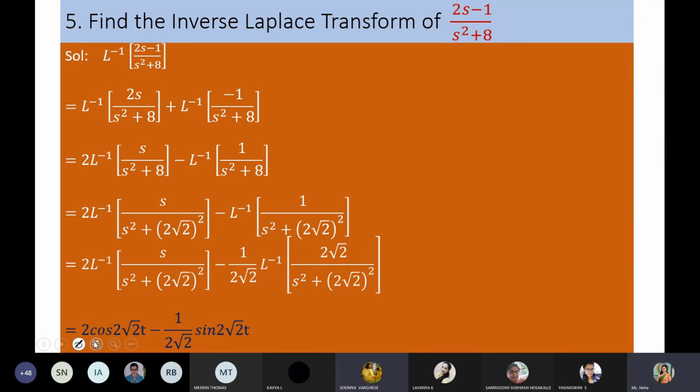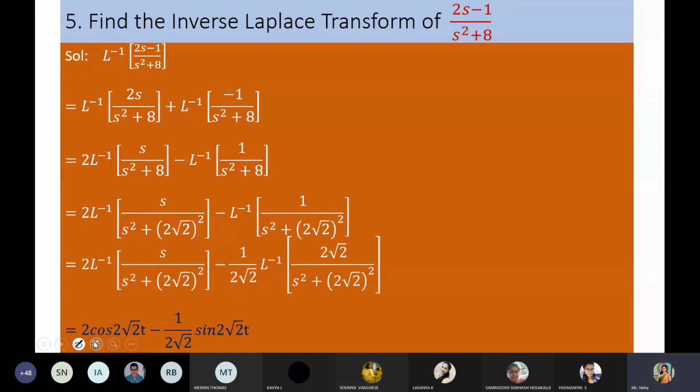Yes, ma'am. All the sisters have done very good. And Amaya sister, please help Soumya sister to understand the concepts and all. Okay. Okay, ma'am. Still if you have any doubt, you can ask me.